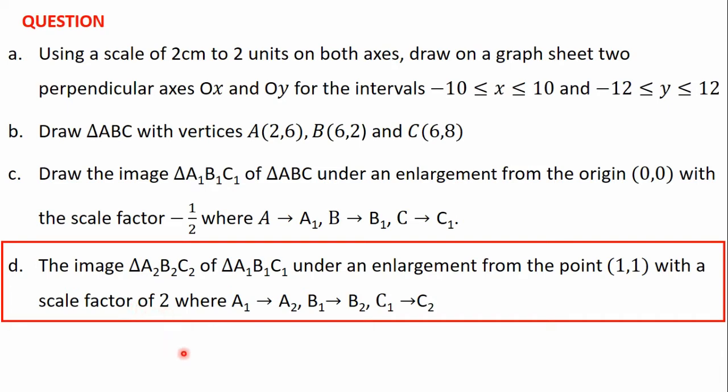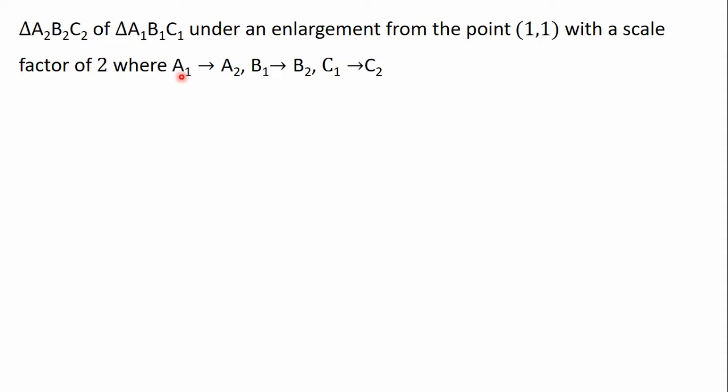So let's do that. We are going to enlarge the point A1 to get A2, we enlarge the point B1 to get B2, and we enlarge the point C1 to get C2. The scale factor is 2, and the center of enlargement is the point 1, 1.